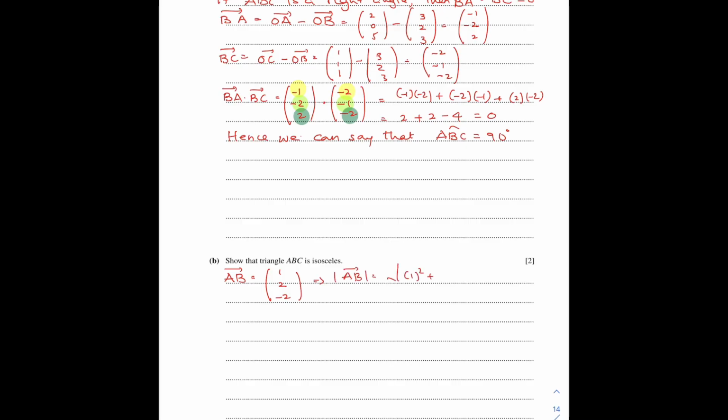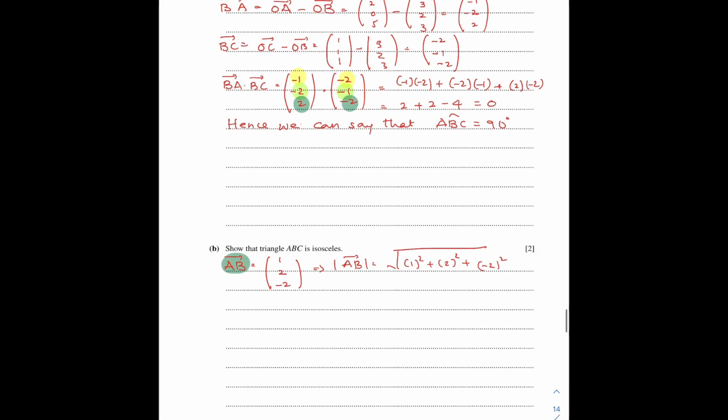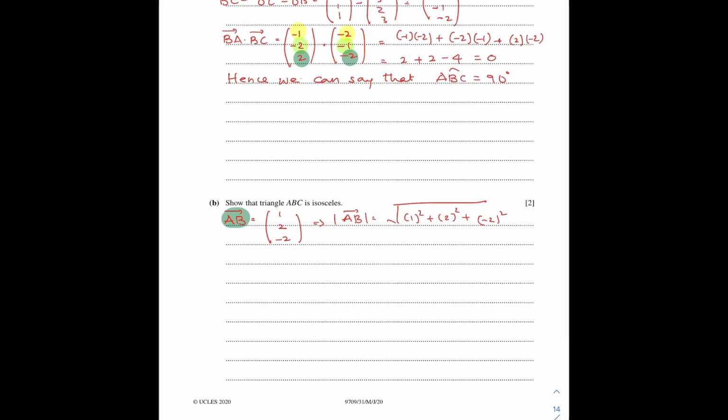So AB is the opposite of that, so 1, 2, -2. So modulus of AB is square root of 1 squared plus 2 squared plus -2 squared. Now here, if you had started with BA, it was fine, because modulus of AB is the same as modulus of BA. Length remains the same.